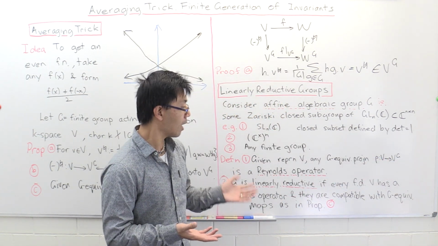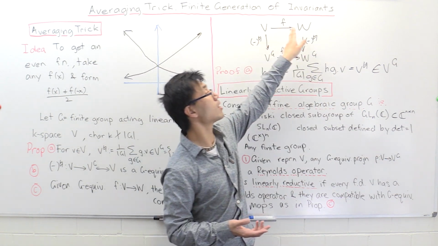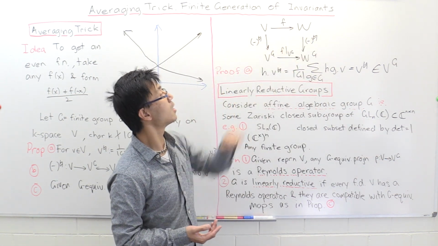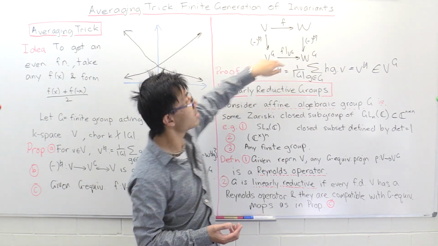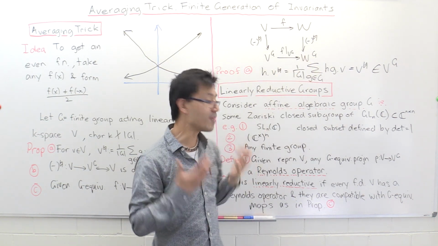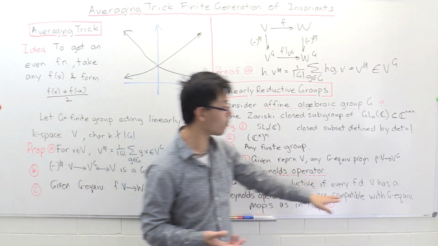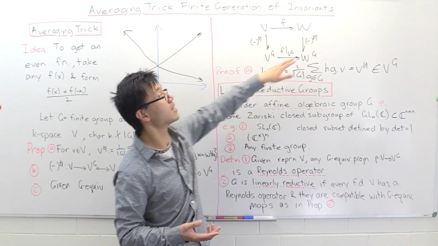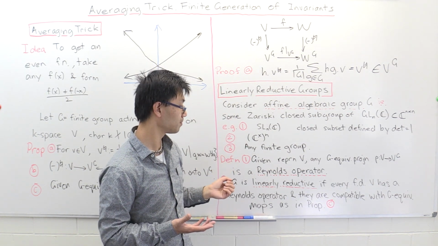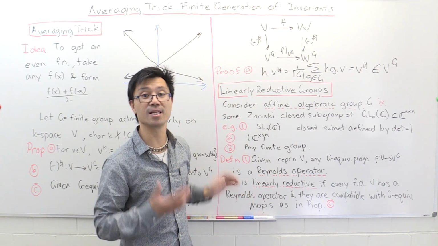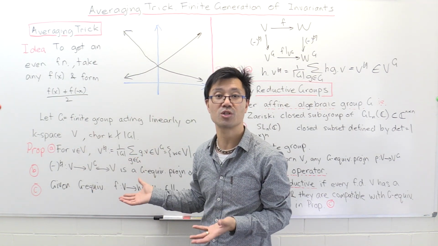And what's more, if you have two different ones, V and W, and a G equivariant map between them, now you've got two Reynolds operators, so replace these with the appropriate Reynolds operators, then this commutes. So when you have the fact that these Reynolds operators are always compatible with the G equivariant maps in the sense that this commutative diagram always commutes, then we say this group is linearly reductive, and then we can use basically the results of this proposition.